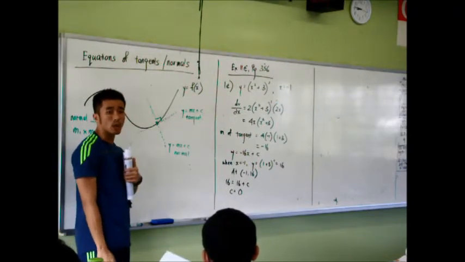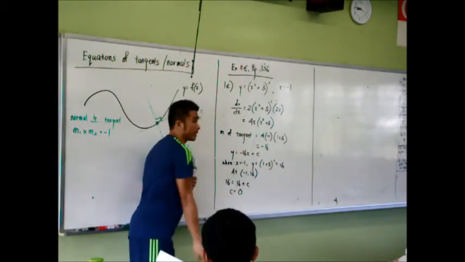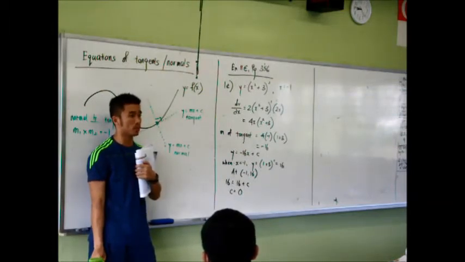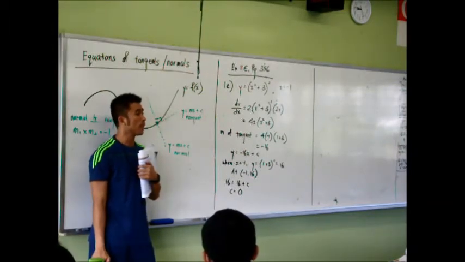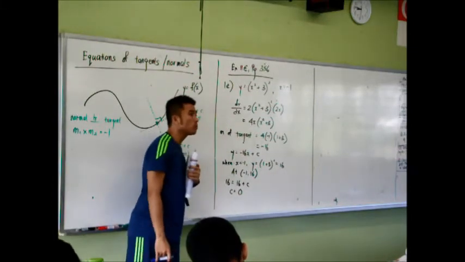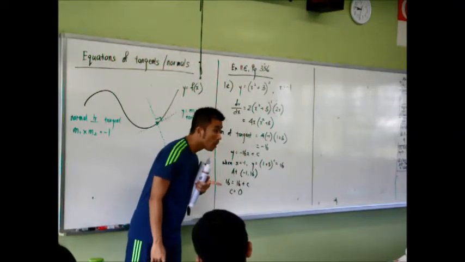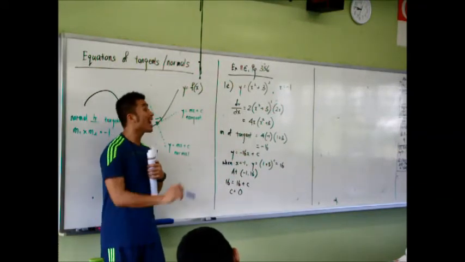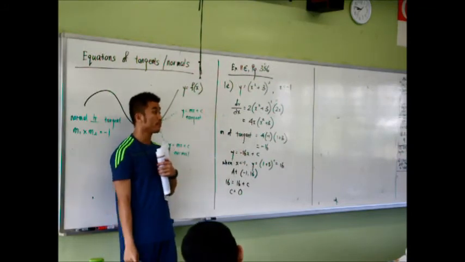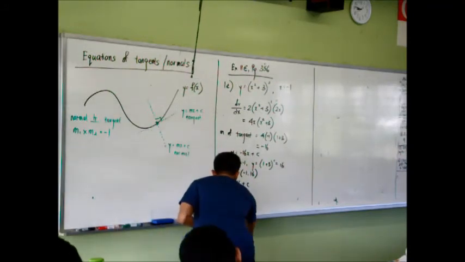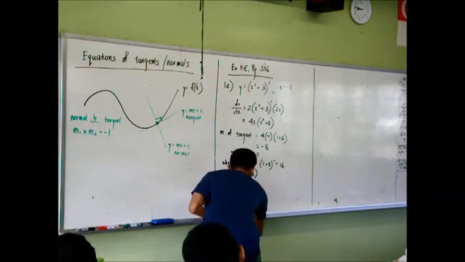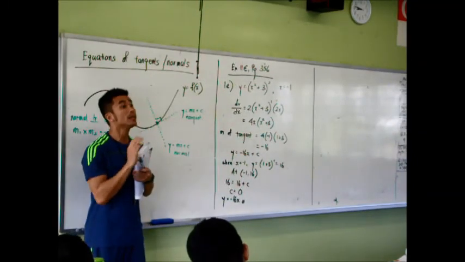And when I do this calculation, I realize the value of c is 0. What can you tell me immediately when the value of c is 0? It cuts the origin. Thank you. It cuts at 0. 0 is the origin, not that it doesn't cut. So the answer is y is equal to -16x. This is the equation of the tangent.